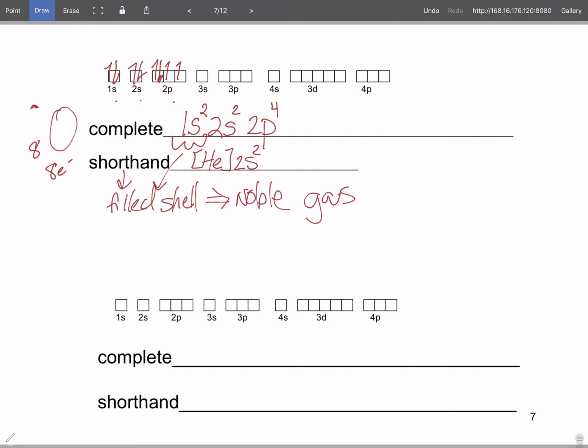So 2s2, 2p4 would be your shorthand. Now, again, you're looking at that going, that didn't really save me anything. No, it didn't. But if we're doing anything like yttrium, cobalt, way down, americium, in the inner transition elements, you're going to go, please let me use that shorthand notation.